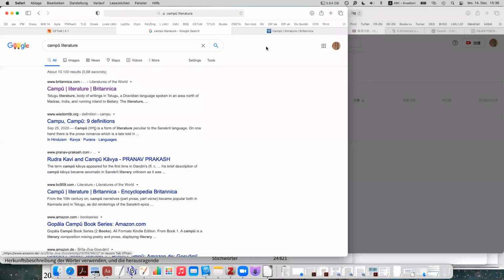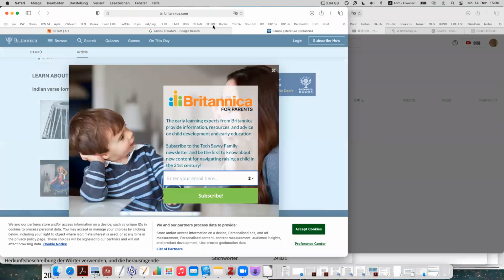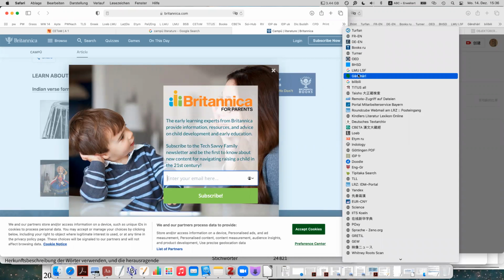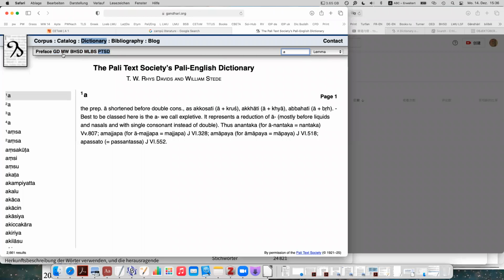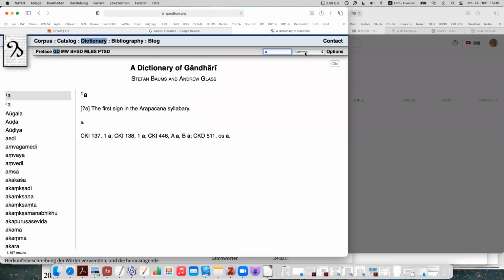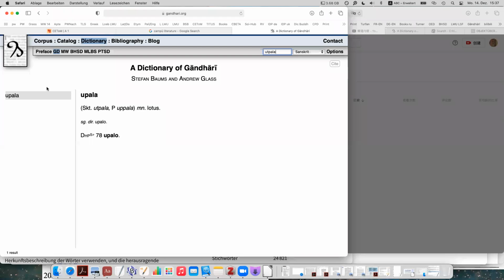If we check the Pali dictionary, we can check the Pali dictionary here on this website, or probably we can check the Gandhari dictionary. I think the word is also attested in Gandhari. Yeah, so you can see the word is called utpara in Sanskrit, but in Pali it is called upara.